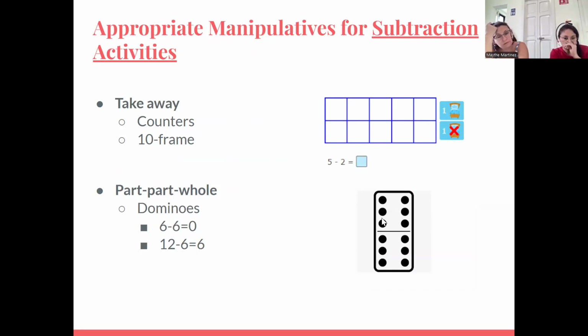They can pick a domino and then create a number problem. Can you create an addition problem? Can you create a subtraction problem? They can say, oh, there were 6 cupcakes and 6 friends ate all the cupcakes, so there's nothing left, 0 cupcakes left. So they can create a story about the number problem that they come up with.